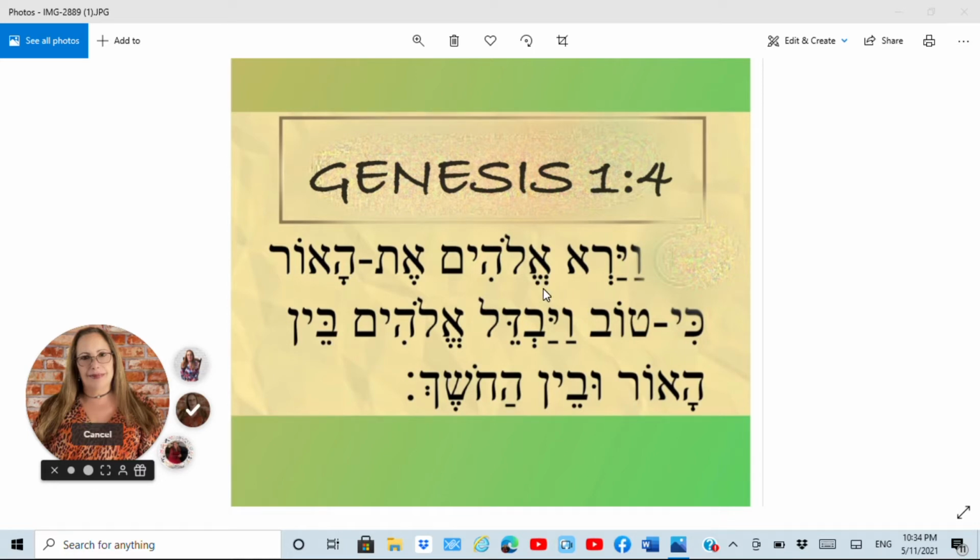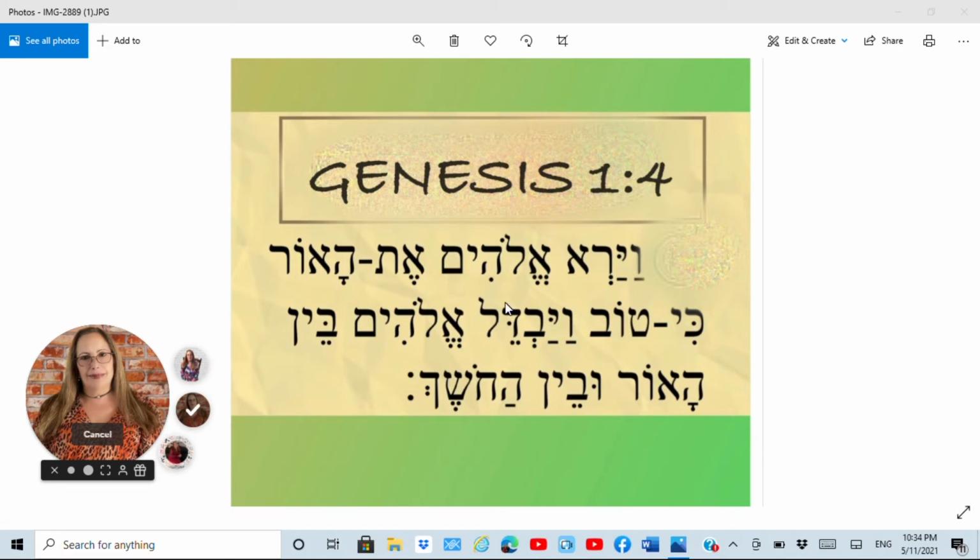This one with the 3 dots underneath is called hataf segol. Hataf segol. This one is a chirik. Chirik. And this is the segol. Segol. I don't know, did I tell you this one? Shiva. Shiva.